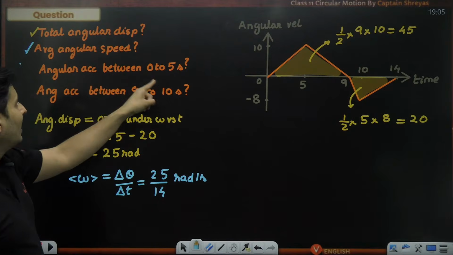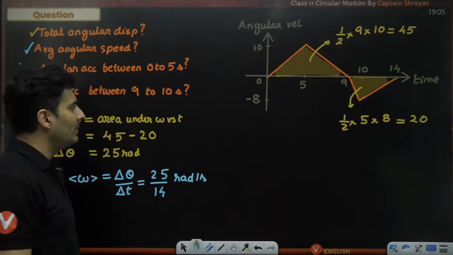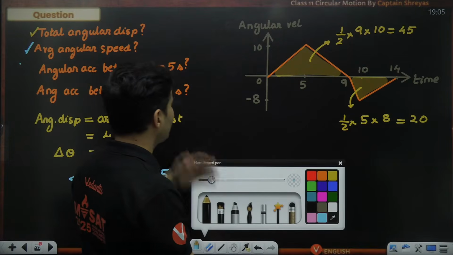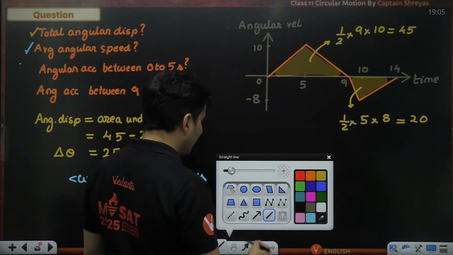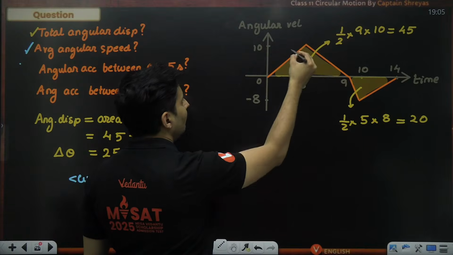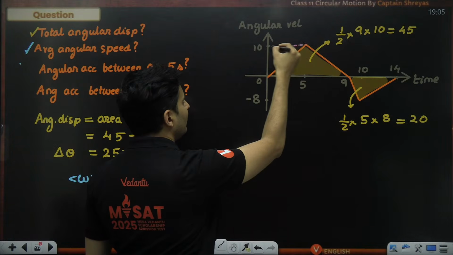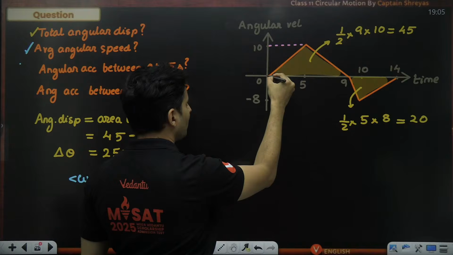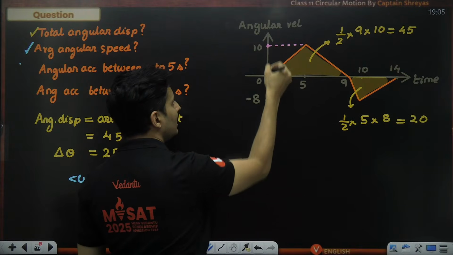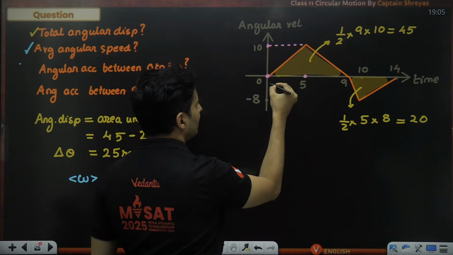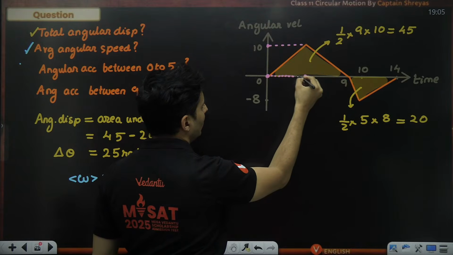Now angular acceleration between some time intervals is asked. So first is 0 to 5. If you look at the 0 to 5 graph, my initial velocity was this much, final velocity was this much. So I know my change, and this is the time interval that I'm talking about.